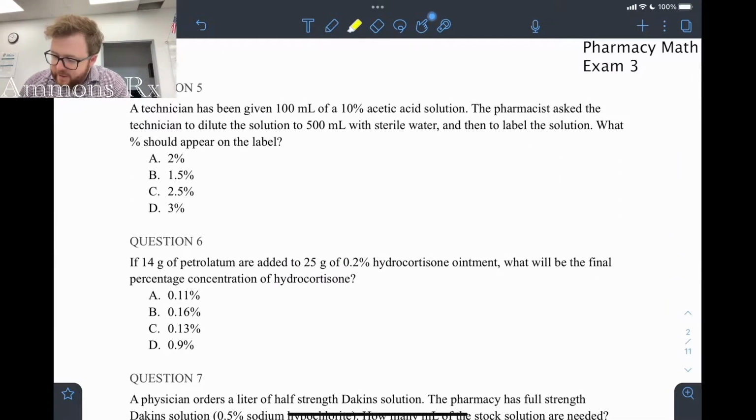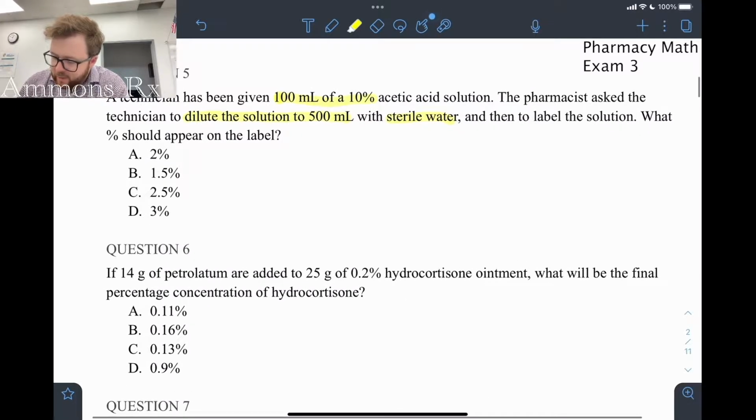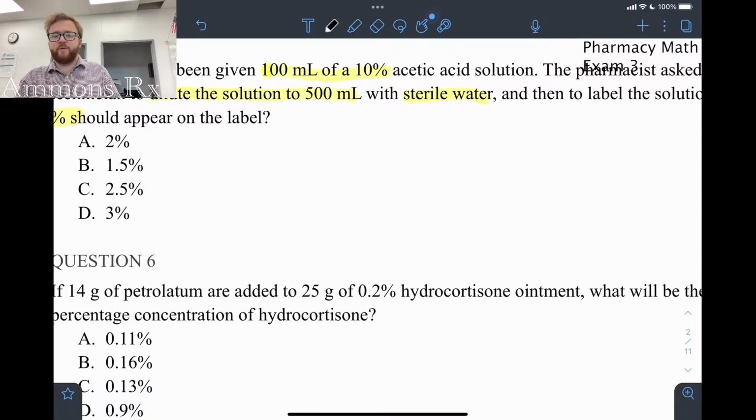Okay, this technician has been given 100 mils of a 10% solution. They need to dilute it to 500 mils with sterile water and then label it. What percentage should appear? So what you need to do here is say, okay, I have 100 mils of a 10% solution. How much drug do I have?